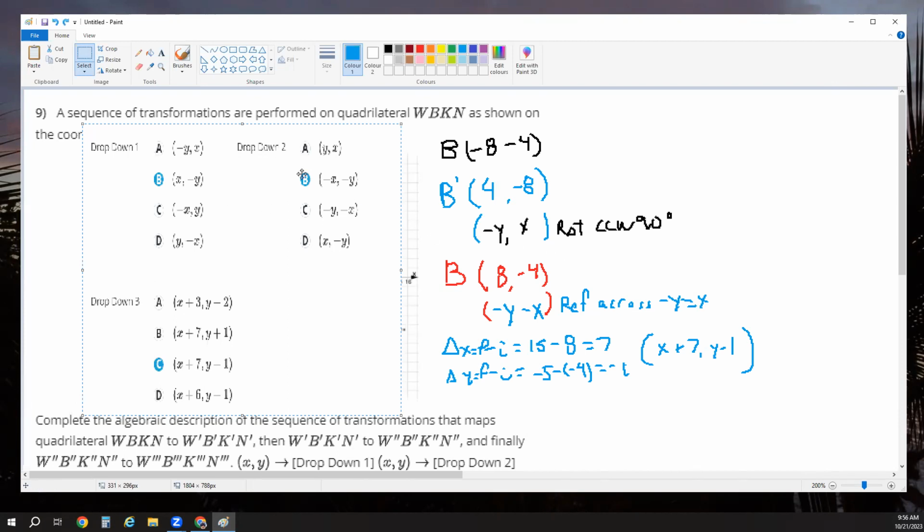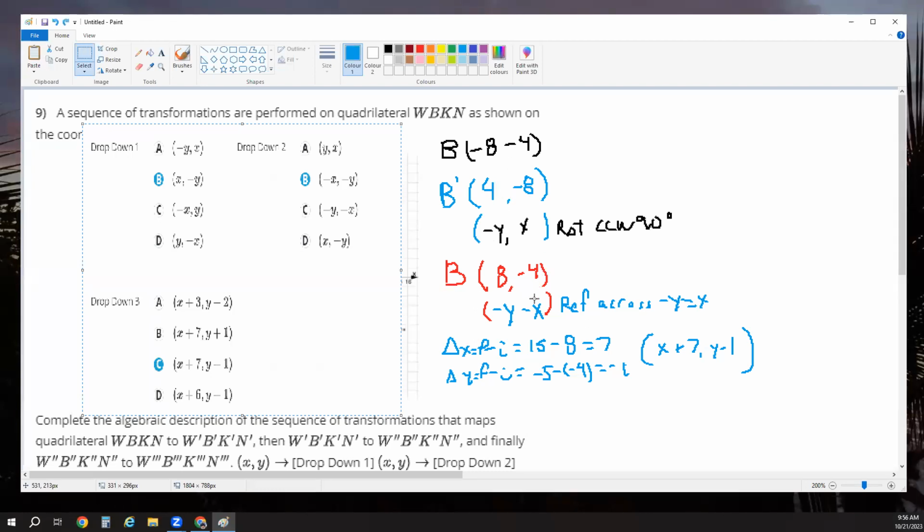Negative x... oh, what did I mess up? Negative y comma x. How did I mess that one up? Your y changed and your x didn't. Yep, definitely made that mistake right there.